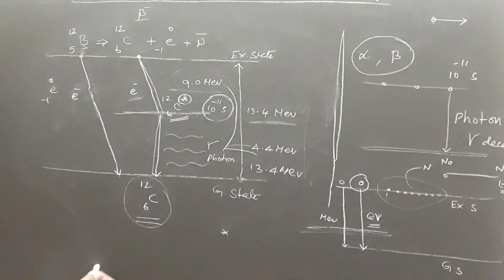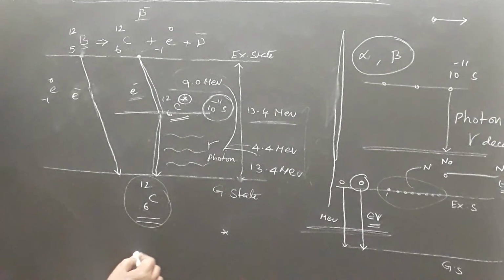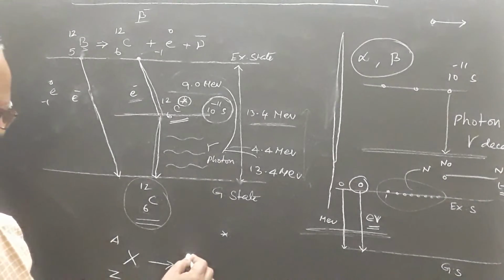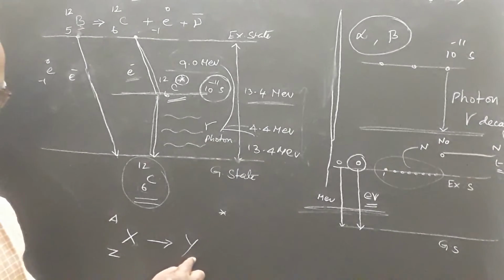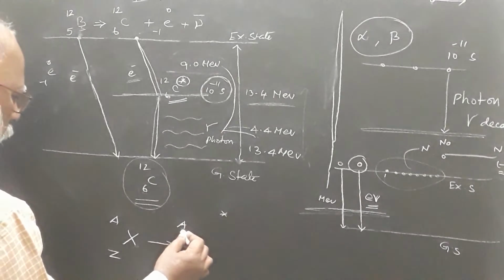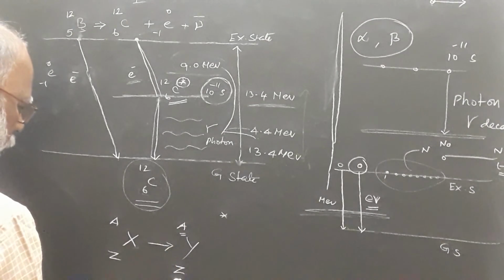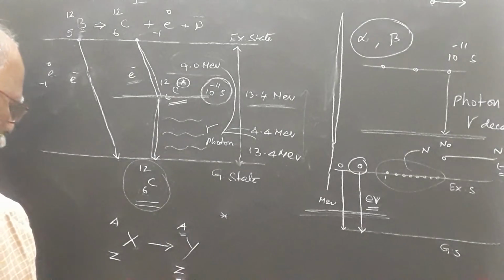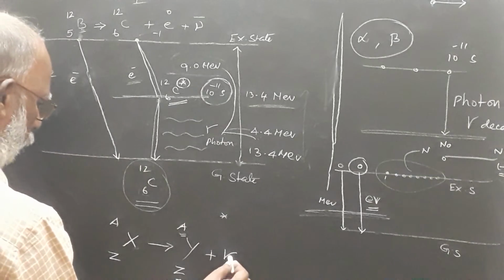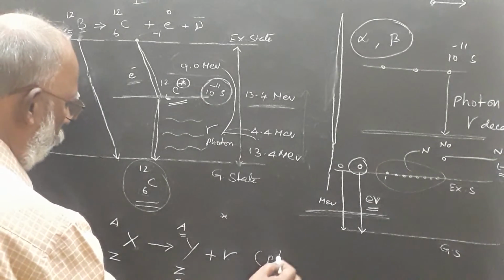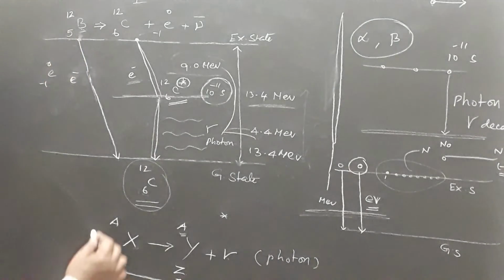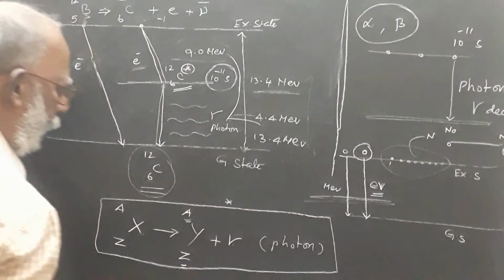If you want an example for gamma decay, take X with Z and A, the parent atom, which becomes the daughter atom, again with Z and A. There is no change in the atomic mass number and the atomic number, but there will be emission of gamma radiation, that is called a photon. This is the valuable equation to represent the gamma decay.